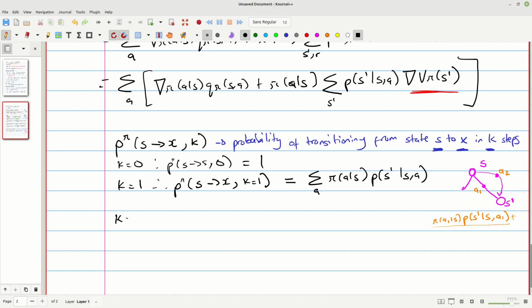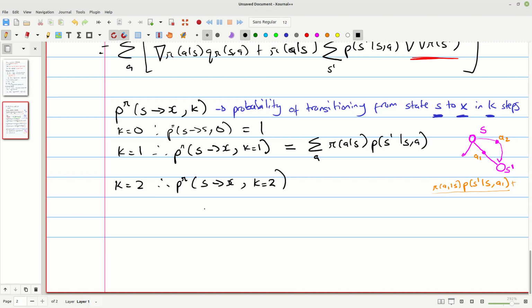Now, when we look at k equals 2, this is the probability under pi of s to x in two steps. What this means is we first transition to some intermediate state before we transition to our state x. So the probability under pi of s to x in two steps is equal to the summation over all s primes, where s prime is an intermediate state, of p pi from s to s prime in one step, and p pi from s prime to x in one step.